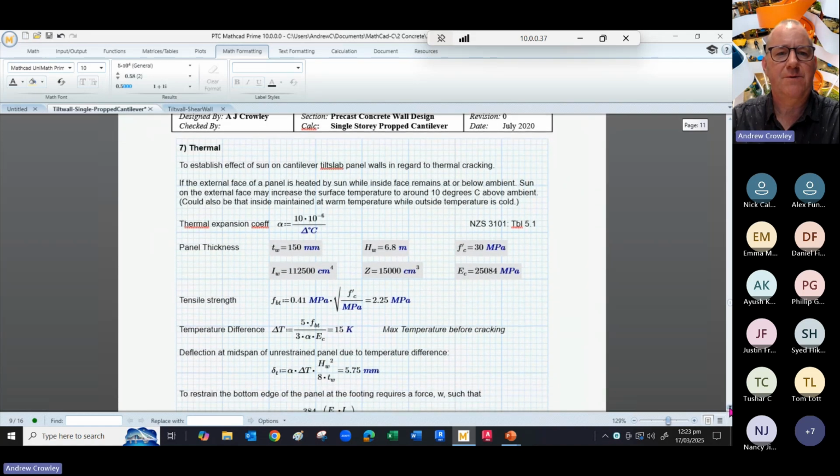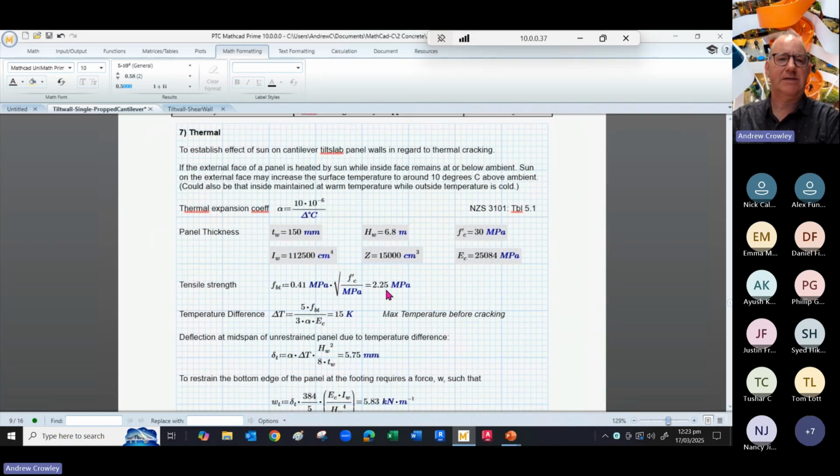Quick look at thermal. Tilt panels or tilt slab walls exposed to the sun will be subject to elongation, expansion due to the increase in temperature, more importantly, the temperature differential from the inside to the outside. So we take our coefficient of thermal expansion from the code, and then we work out the tensile stress given by the code.